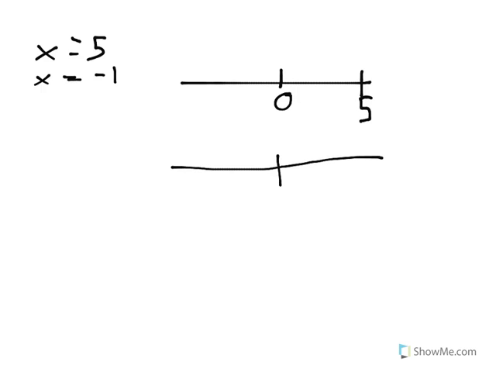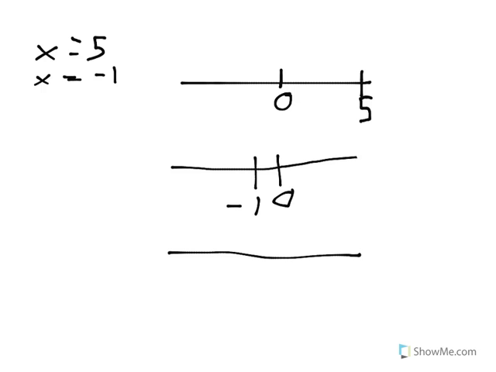So now we move on to a sign chart. Here you have 5, that's 0, and negative 1, 0. And then your solution.